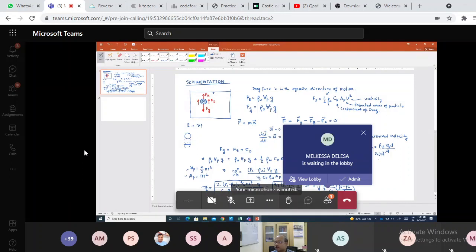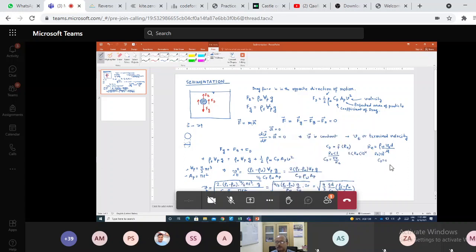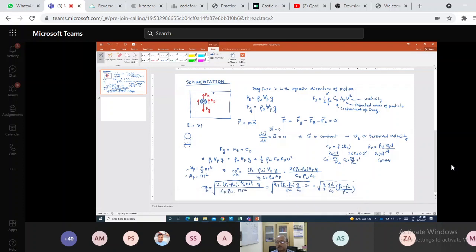And when we are in the turbulent zone, then Cd equals 0.4, and in between, which we know as the zone of transition, we can write 24 by Re plus 3 over root over Re plus 0.4. So this is what we get for the values of Cd.